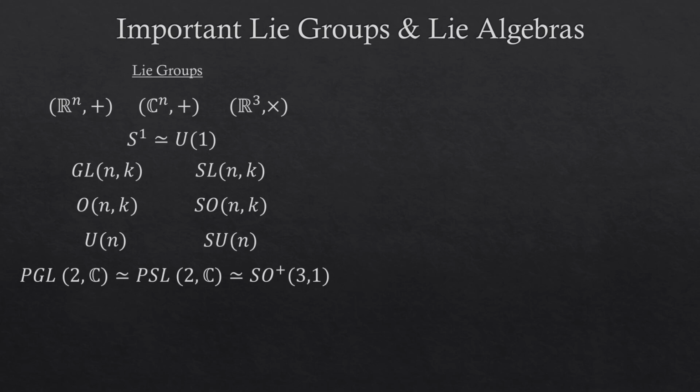And that's isomorphic to SO+(3,1). In other words, the general linear group modulo scalar matrices is isomorphic to that same group with a determinant of 1, which is also isomorphic to the restricted Lorentz group for 4D Minkowski spacetime.